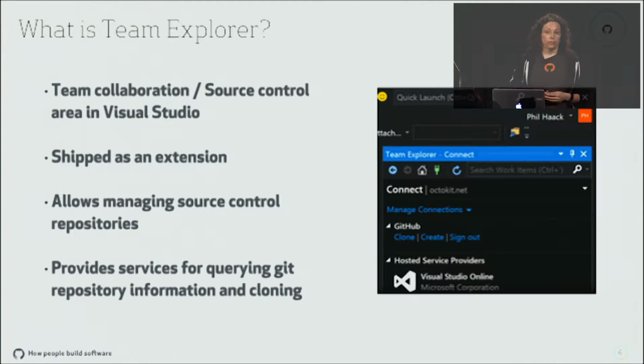It's shipped as an extension itself, so it's the first kind of project that Microsoft has done where they don't ship it built in and tied closely with Visual Studio.